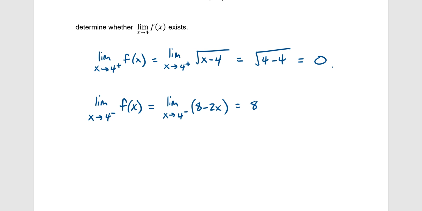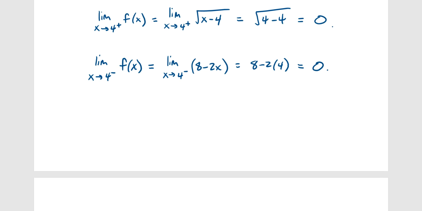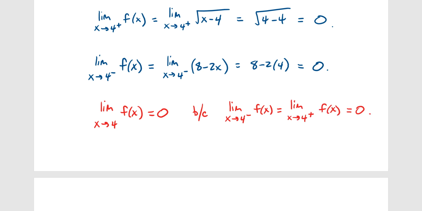That's going to be 8 minus 2 times 4, which is 0. So we know that the limit as x approaches 4 of this function does exist, and it equals 0 because the limit from the left equals the limit from the right. And they both equal 0.